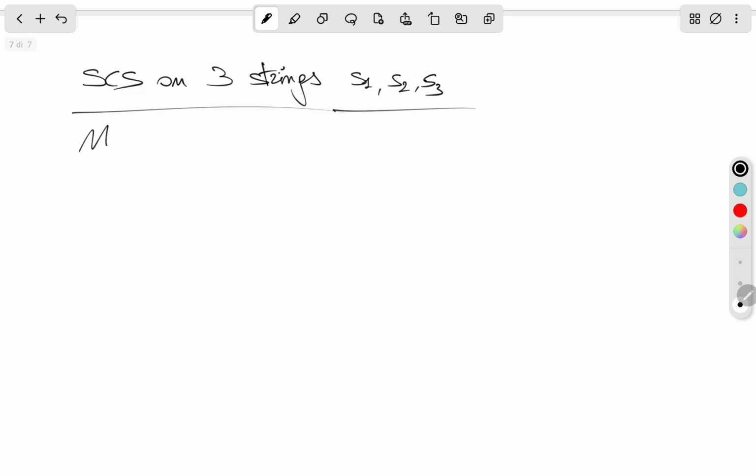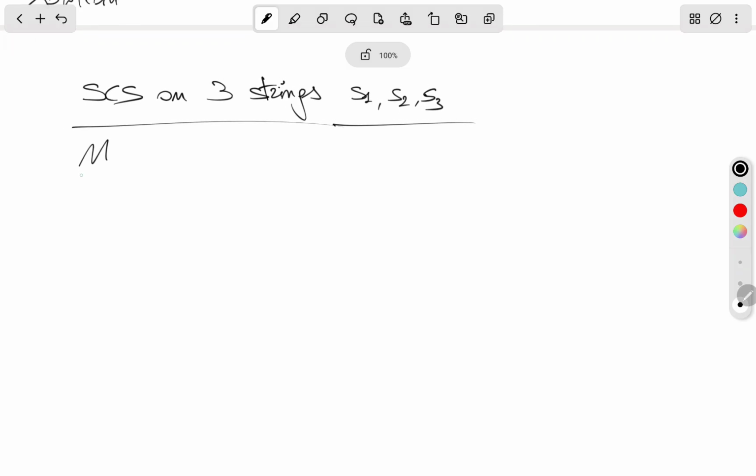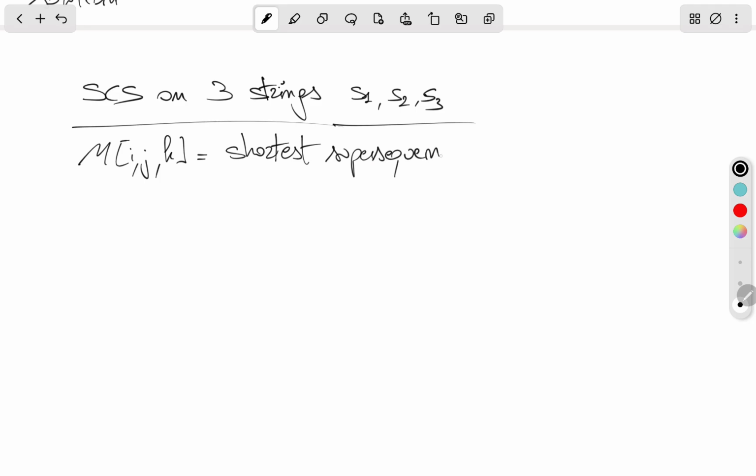So I'm going to compute M[I][J][K], that is the shortest supersequence of the first I characters of S1, the first J characters of S2, and the first K characters of S3.